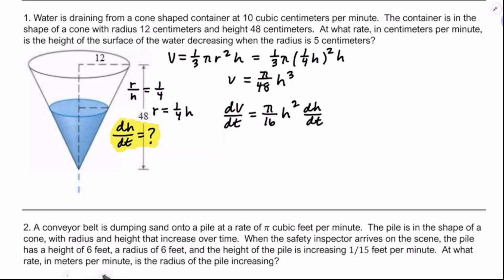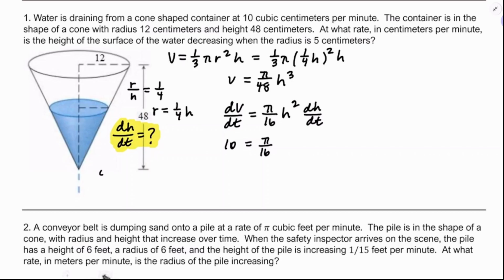Then I'm going to plug in dv dt, the value they gave me, that was 10. Pi over 16 h squared. Okay, what is h going to be? The radius is 5. As a result, the height needs to be 20.